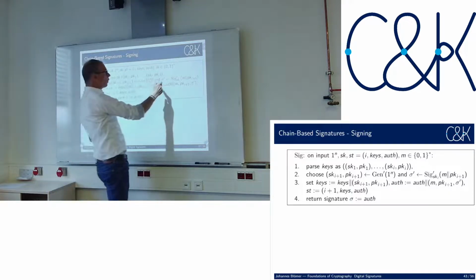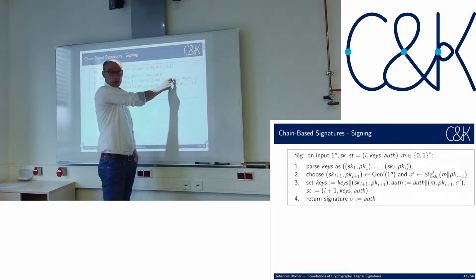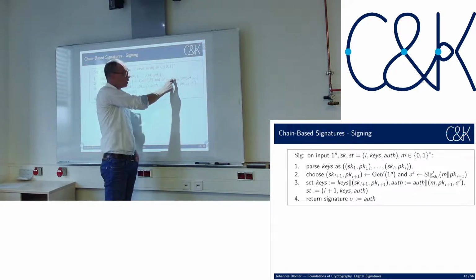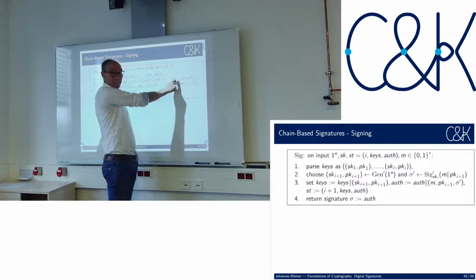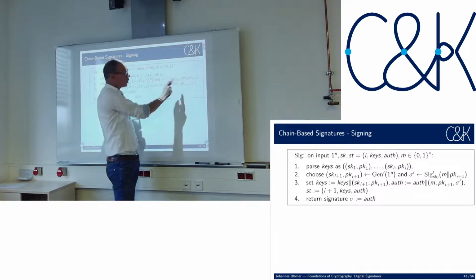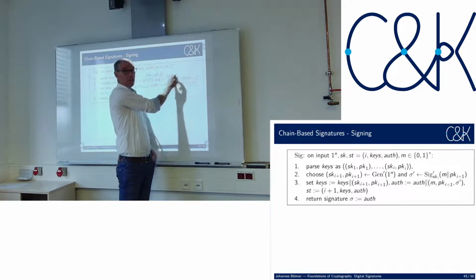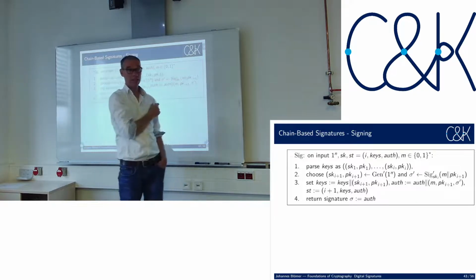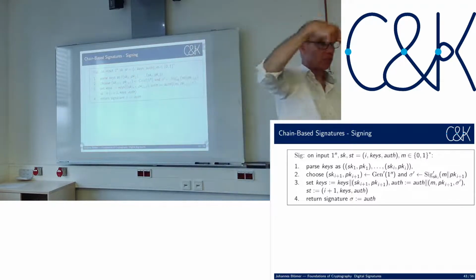And you do the following. The signature is computed using the signing algorithm of the original scheme, where the secret key that you use is SKi, and what you sign is M concatenated with the new public key that you will use for the next signature.